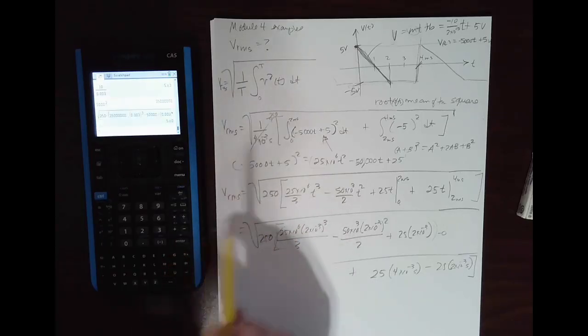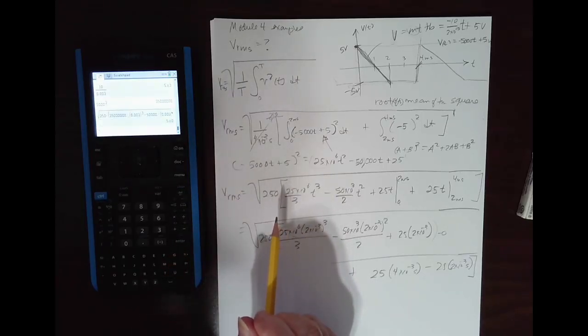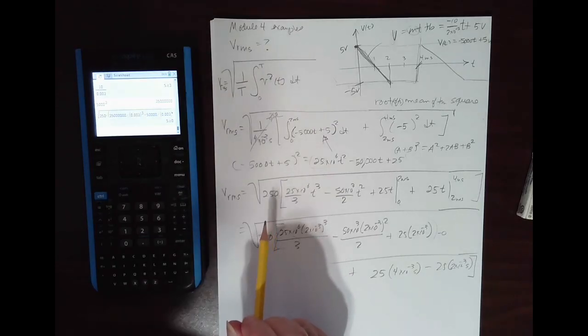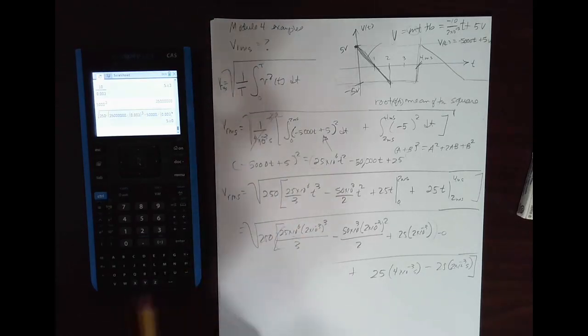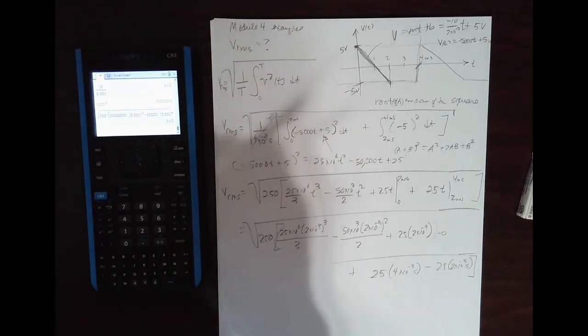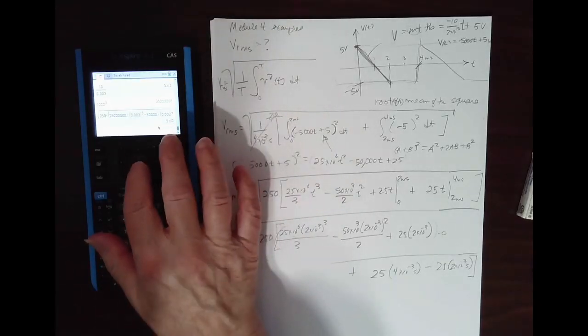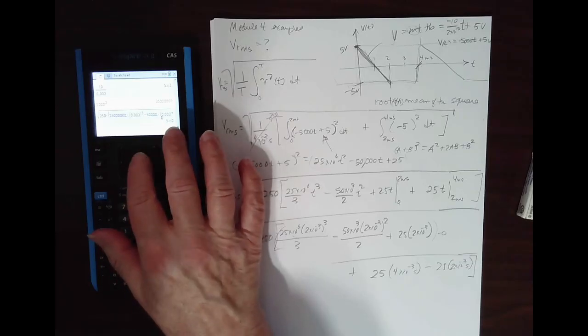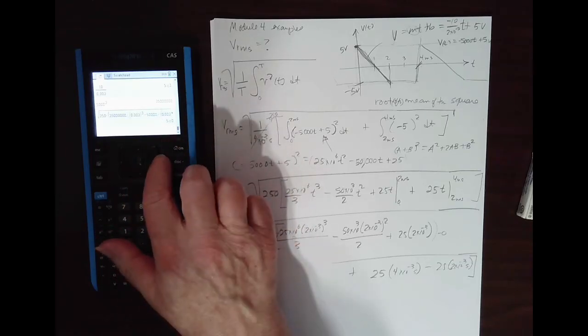Let's see if it likes it. 5? All that for 5? Maybe so. Just a made up problem, but it could come out to be something nice.